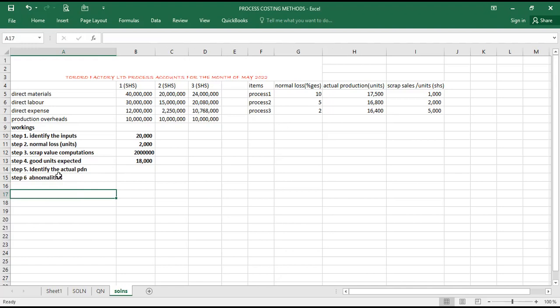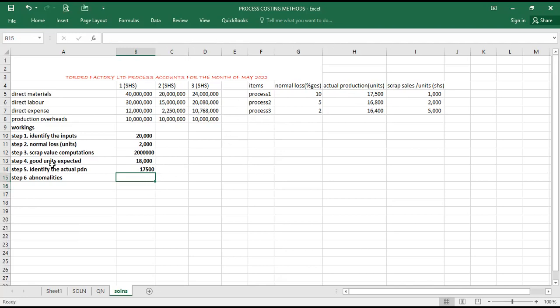If they have given you that they made an abnormal loss or an abnormal gain, you either add it back or subtract it to get this one. It's just a matter of changing the subject of the formula. They told us that the actual production is going to be 17,500. That's the production in process 1.